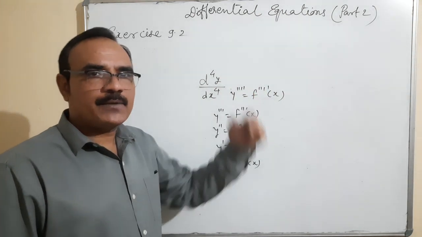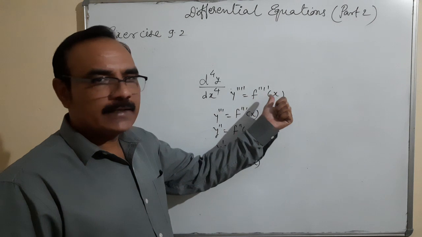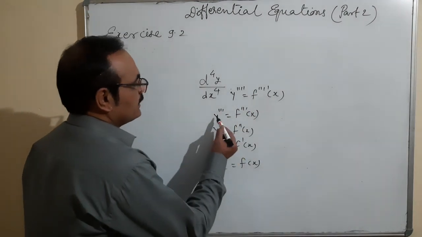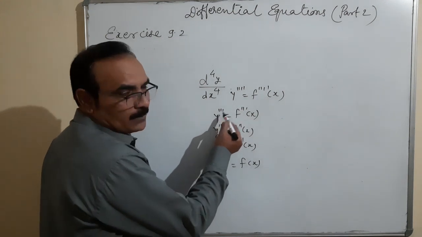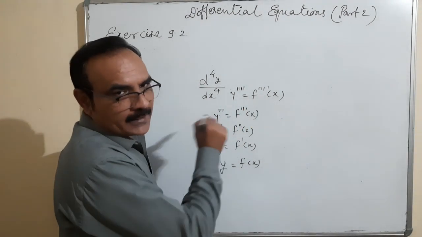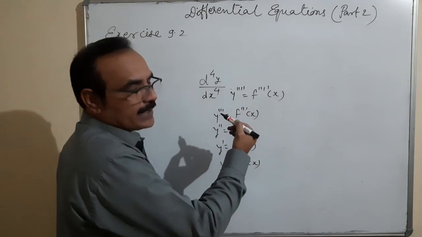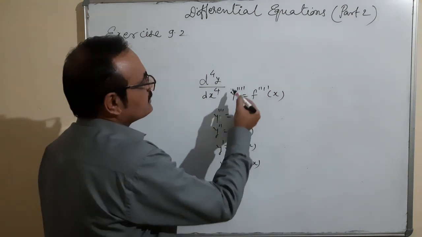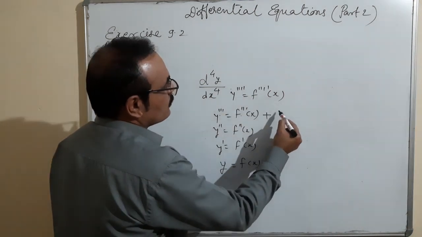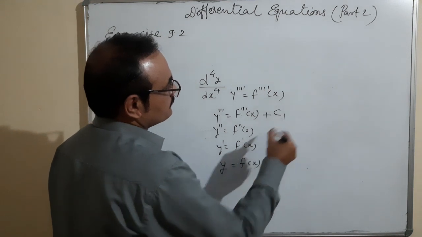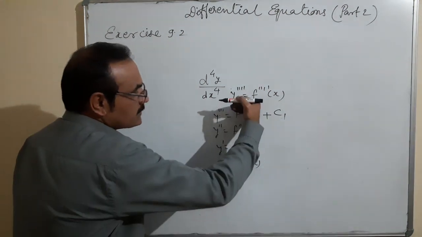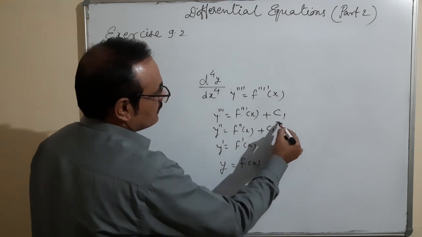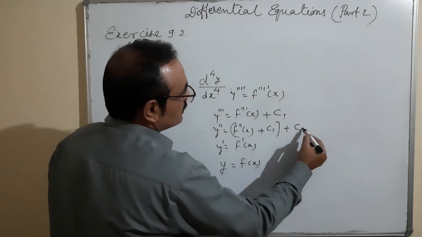But when we come to the reverse process, this is the derivative and we want to convert back, because the differentiation of y triple dash will be the fourth order derivative. So what does it mean? The antiderivative, that is the reverse procedure, the integration of this gives that plus one constant c1, plus another constant c2.